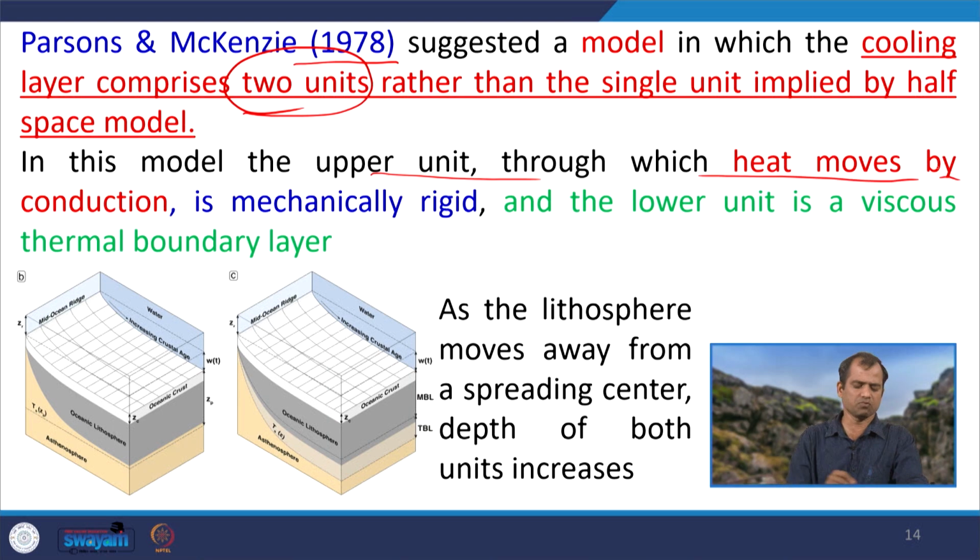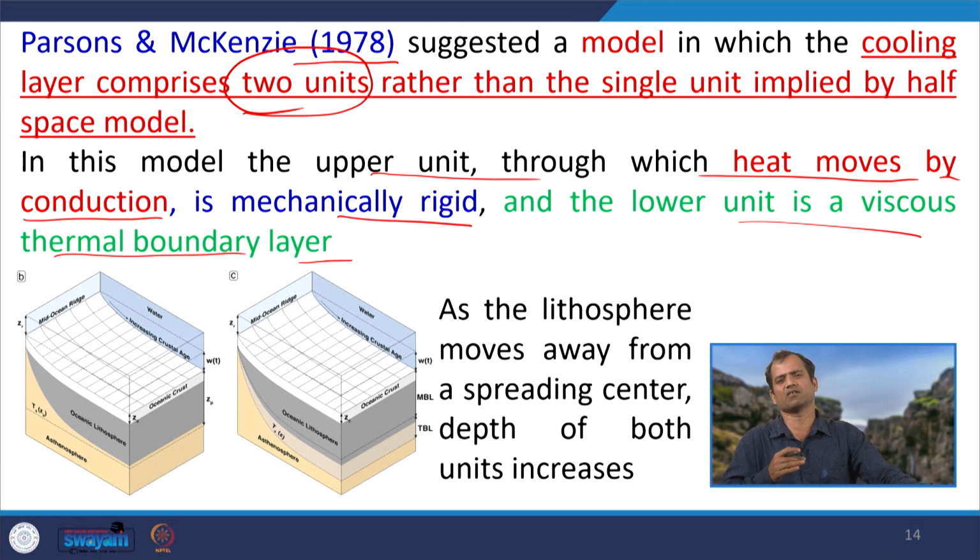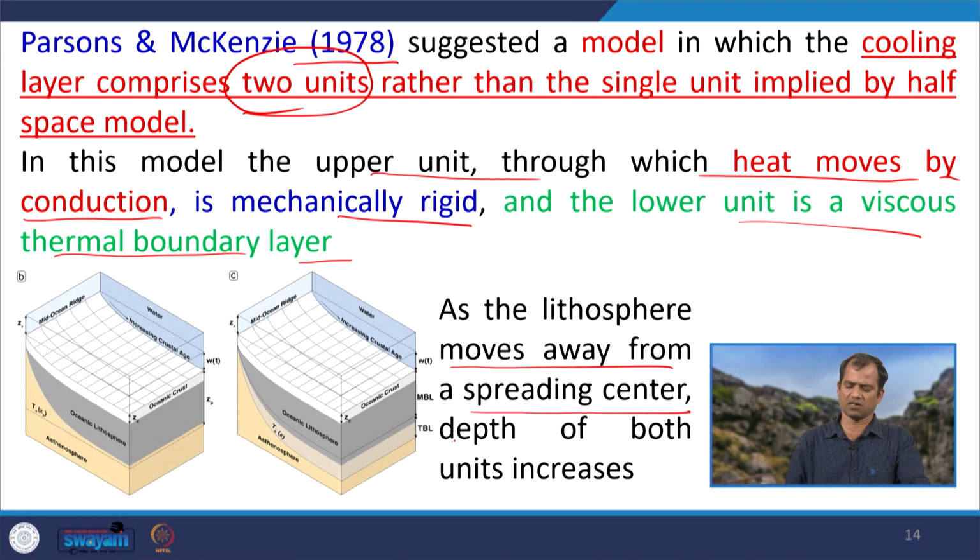In this model, in the upper unit heat moves by the conduction process, because it is a mechanically rigid system, and the lower unit is a viscous thermal boundary layer with the asthenosphere. So, that means it is in direct contact with the asthenosphere, and as the lithosphere moves away from this spreading center, the depth of both units increases.